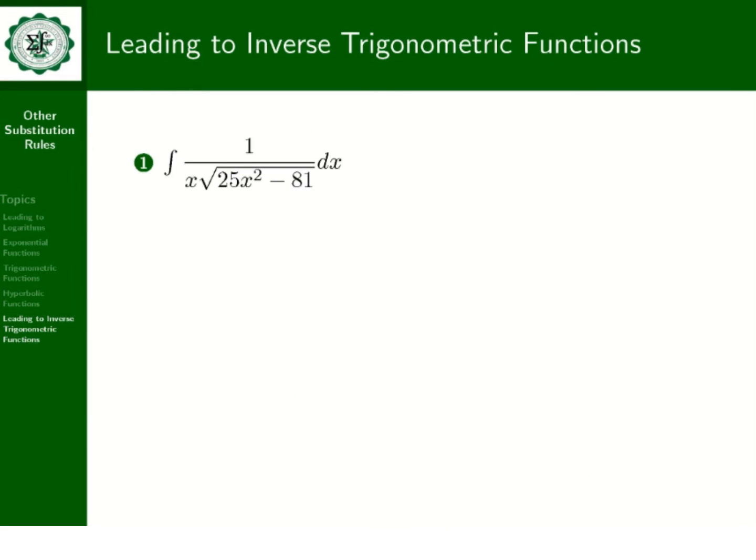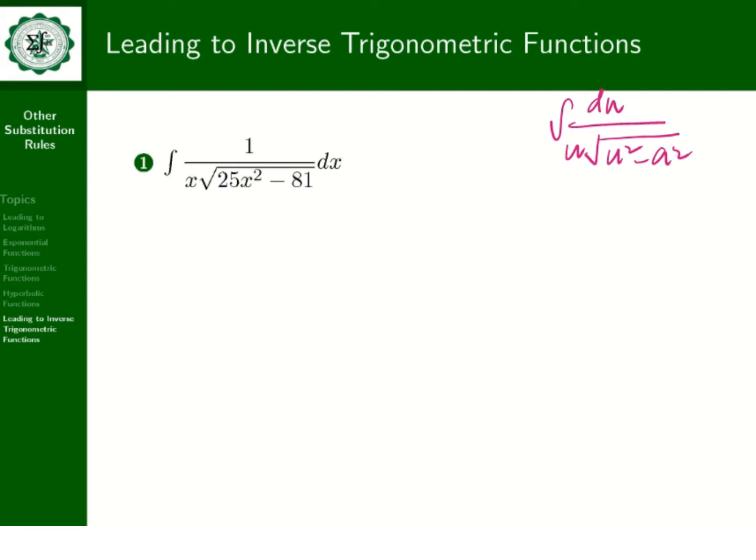Our next example is a case that leads to inverse secant or arcsecant. So we are given the integral of 1 over x times the square root of 25x squared minus 81 dx. So recall that the formula that leads to arcsecant has to take the form du over u times the square root of u squared minus a squared.